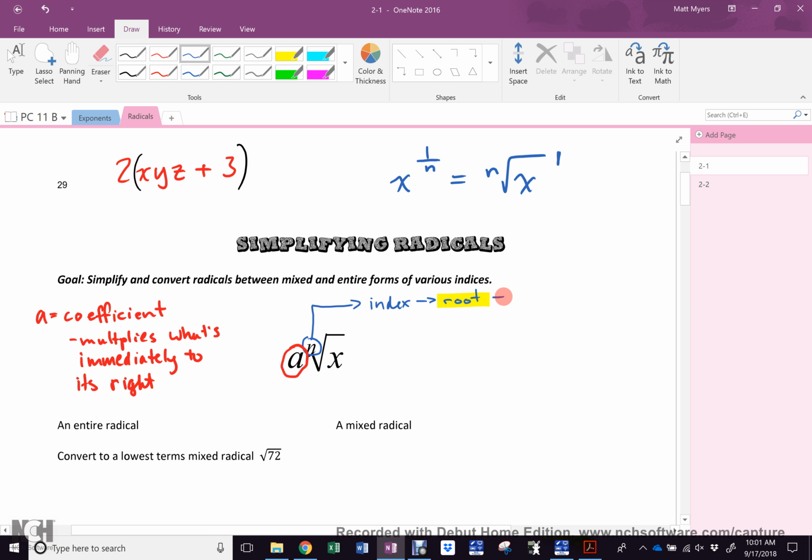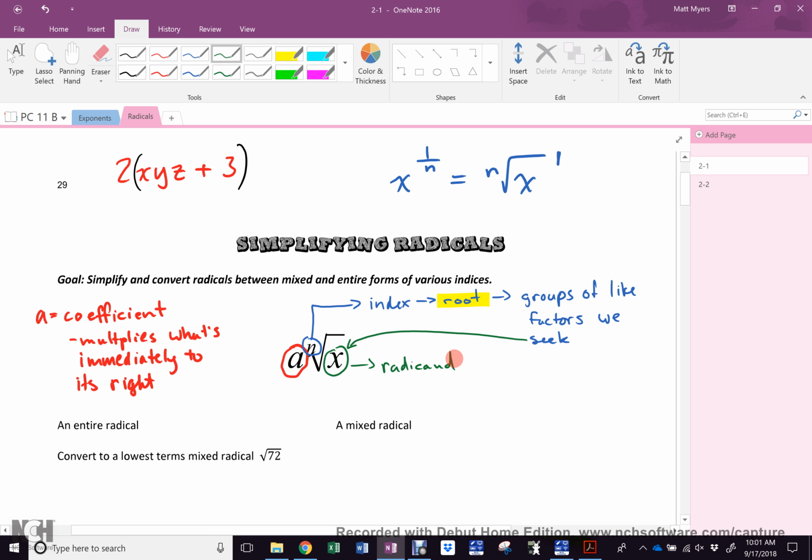And that tells us the groups of like factors we seek. And I'll show you what I mean in a minute. Where do we seek those? From x, which is called the radicand.